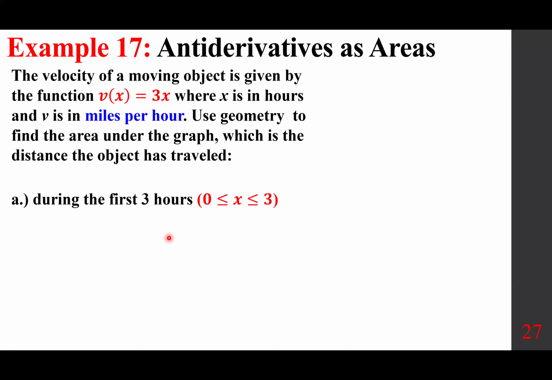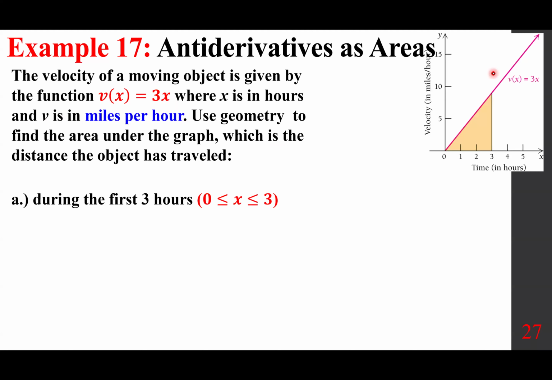I hope you realize y equals mx goes through the origin, and it looks like that. So this represents the time in hours. This is the velocity, function of x in miles per hour. And area represents the distance.